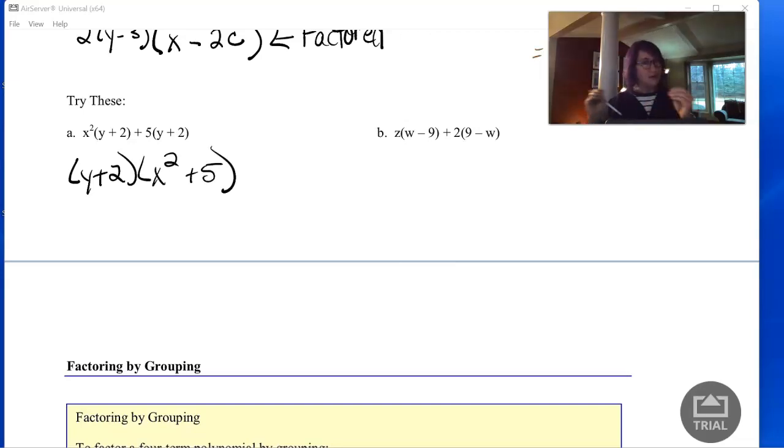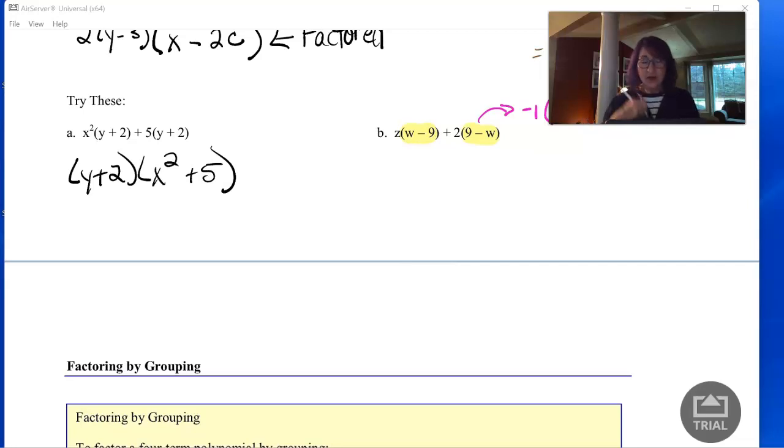Then out of the second one, you don't have to do the long way that I did. All you need to recognize is that w minus 9 and 9 minus w are the opposite of what you would like. So in order to get them to be common, to be the same, you take one of them. I'm going to take the second one here, and that is going to be the same as -1 times (w minus 9).